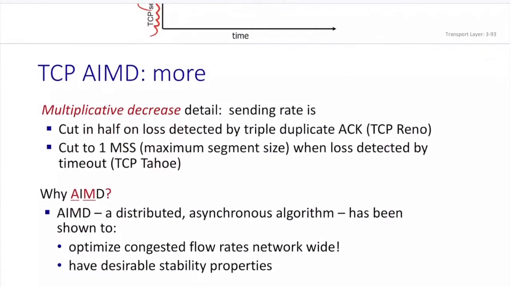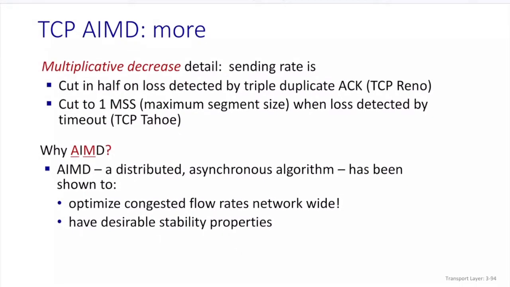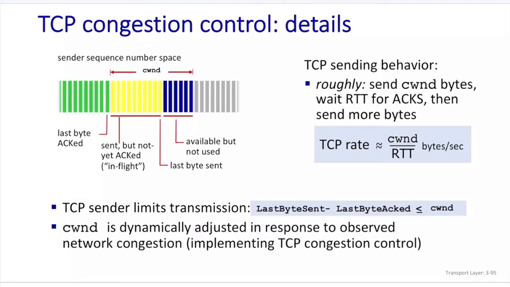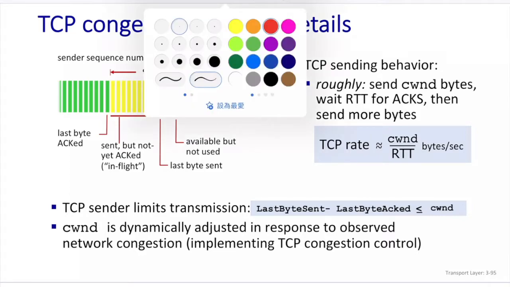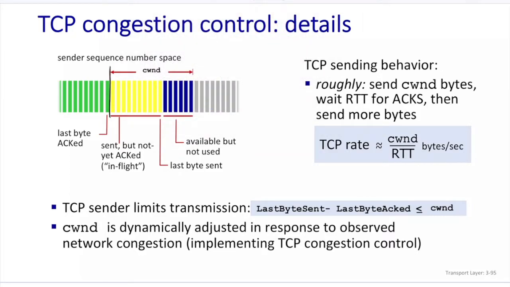But actually, that is the explanation; we'll talk about it later. How does it work with the pipeline design? We talked about pipelining right here, right? So here we have a window. Actually in TCP, the window is called the congestion window. That is also certain bytes.